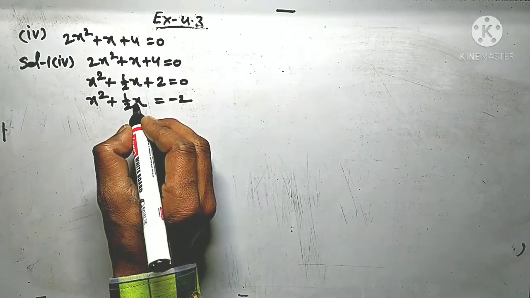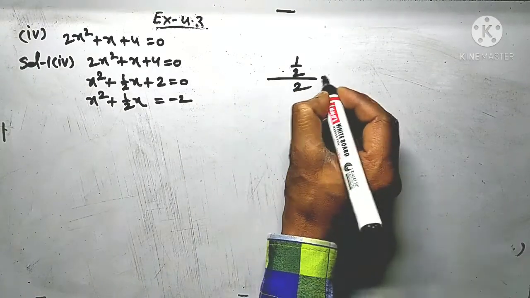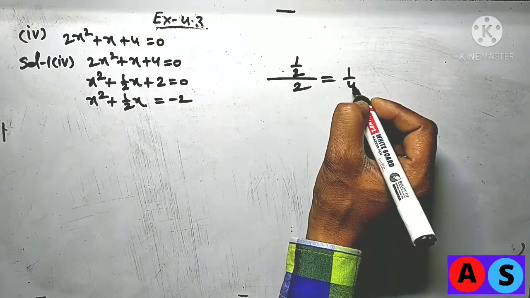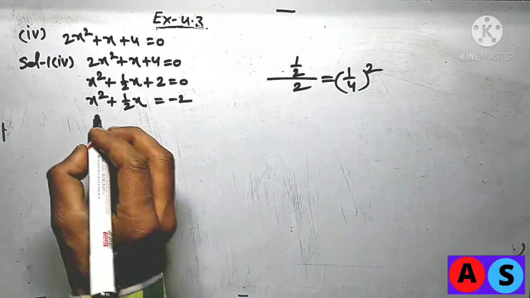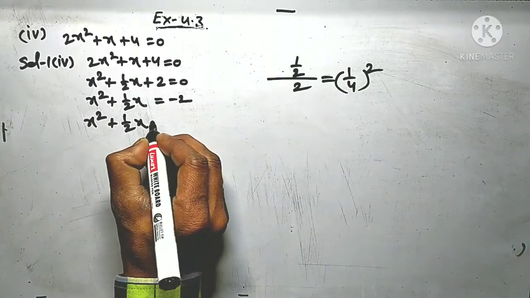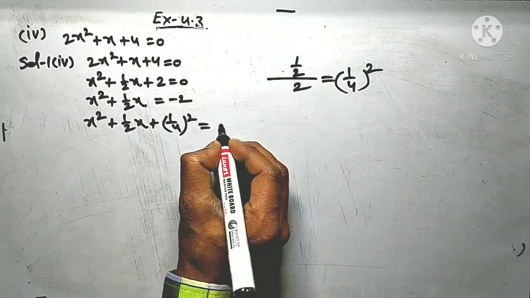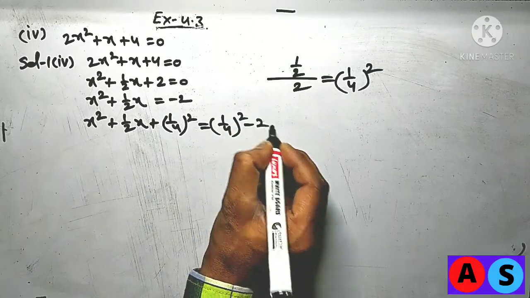Now take the coefficient of x as a positive number and divide it by 2. Then we get 1 over 4. Now square it and add it on both the sides. So x square plus 1 over 2 x plus 1 over 4 whole square is equal to 1 over 4 whole square minus 2.